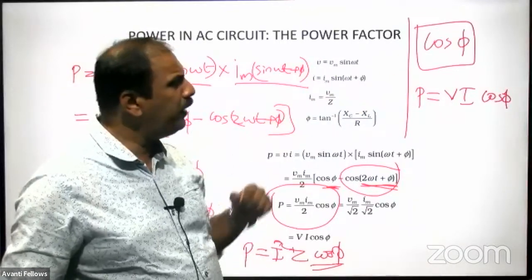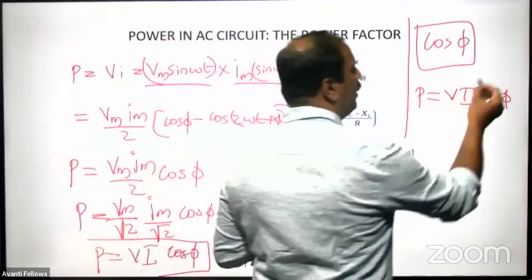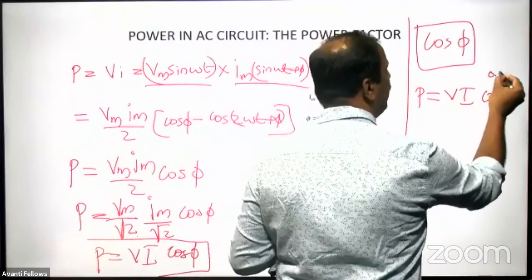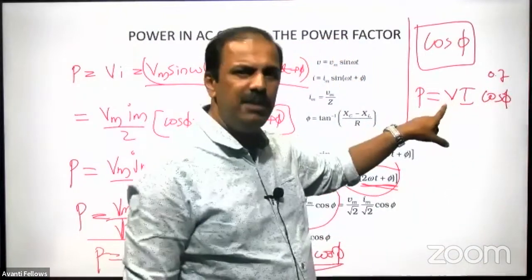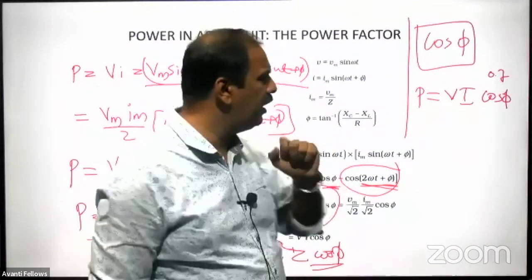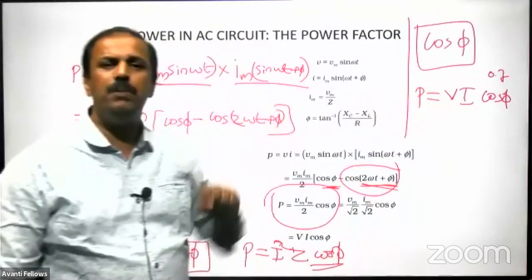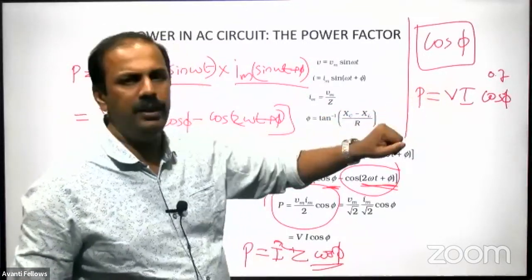So if the power factor is not 1, for example, this power factor becomes 0.7. If this cos phi becomes 0.7, the voltage remains the same thing, the same voltage that we already discussed. Once more, you listen carefully. We have to use a particular power. This power is given by V into I into cos phi.